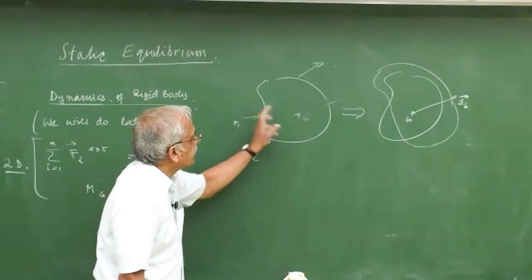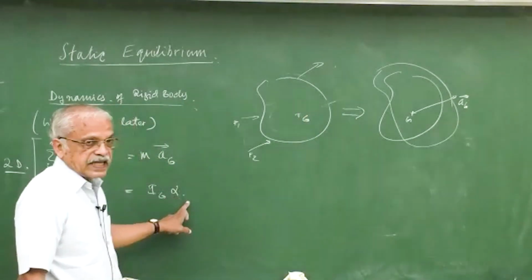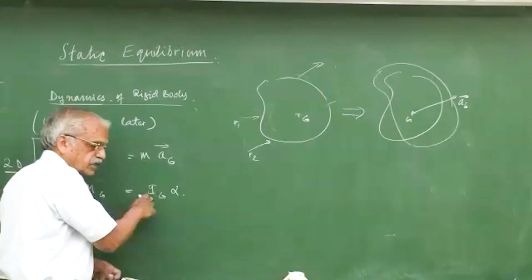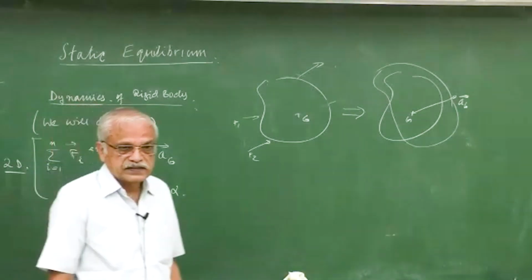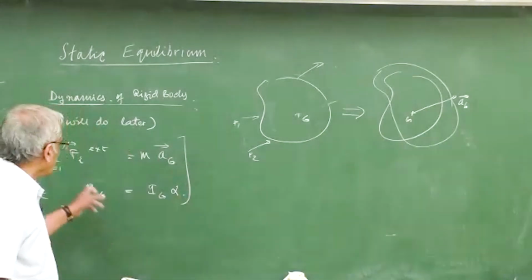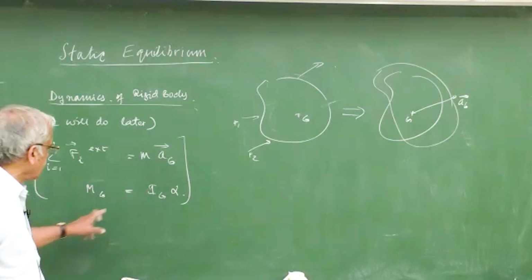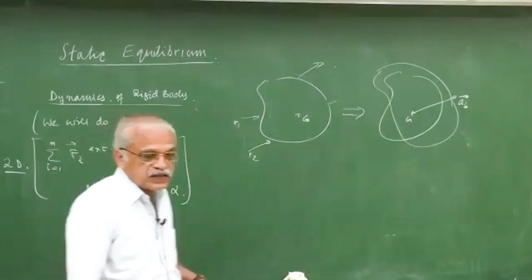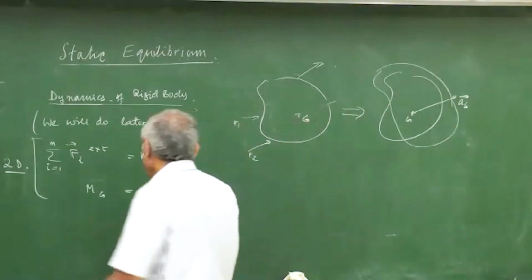The moments of all these forces about G will cause an angular acceleration alpha, and instead of m we have the inertia term about G. So in 2D, sigma F is equal to mass times Ag, and we also have an additional equation for the rotation. Alpha is the angular acceleration.